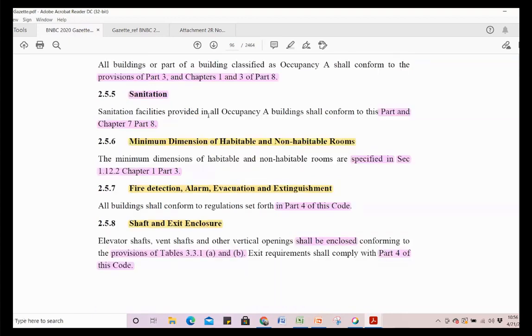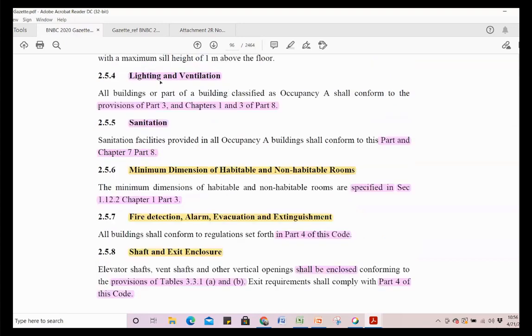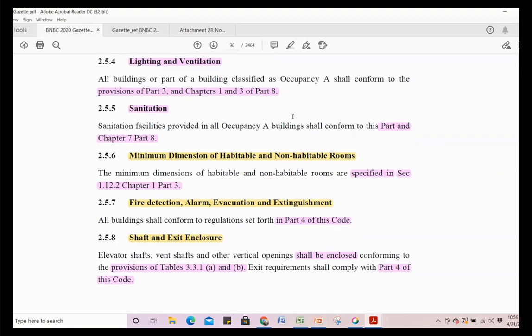The sanitation will also be referred to this part, and also chapter 7 of part 8. So part 8 covers lighting, ventilation and sanitation. In the later occupancies, we will see that this segregation doesn't exist. In many occupancies, lighting, ventilation and sanitation are in one subsection.